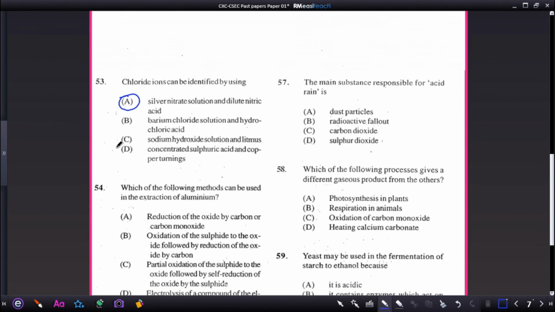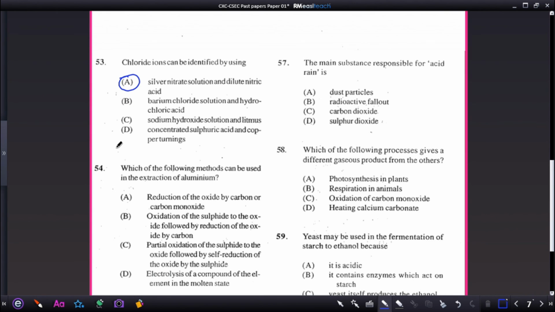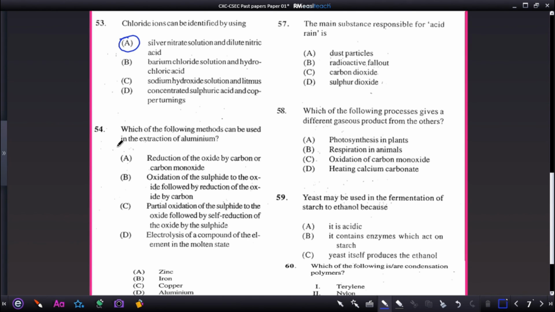54. Which of the following methods can be used in the extraction of aluminum? Remember, it is best to use electrolysis, the ore of the aluminum, molten ore. Reduction of the oxide by carbon and carbon monoxide, that's for iron, that's used in the purification of iron.